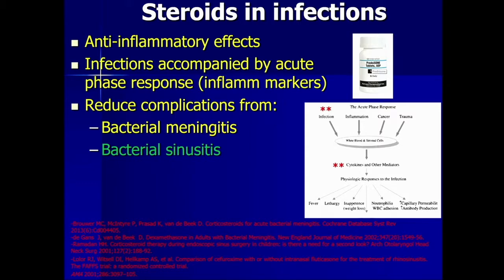If we look at the ENT literature, and this one is important here, they commonly use steroids in acute bacterial sinusitis. Less congestion, less scarring, the kids do better. And why is this important? Well, orbital cellulitis in kids almost invariably comes from ethmoid sinusitis. And the treatment of that sinusitis is paramount in getting these children better. So it makes sense that steroids may help us here.